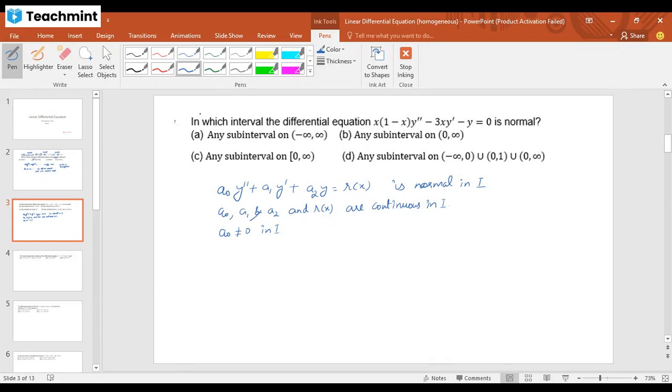Okay, so what we are going to do is simply compare the given differential equation with this standard one. So this coefficient is your a0, which is the leading coefficient. This coefficient is a1, and here this coefficient is a2, and your right hand side R(x) is 0.